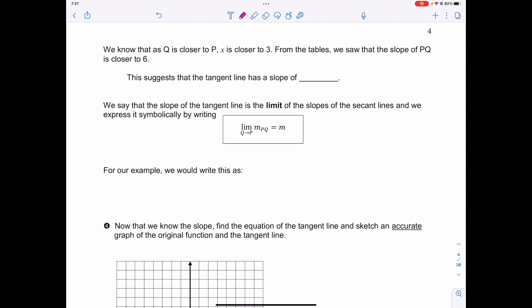So, no matter whether we start from the left or start from the right, the closer we get to having Q be the same as P, or the closer x gets to 3, we can say that the slope is getting closer and closer to 6. This suggests that the slope of the tangent line is 6.